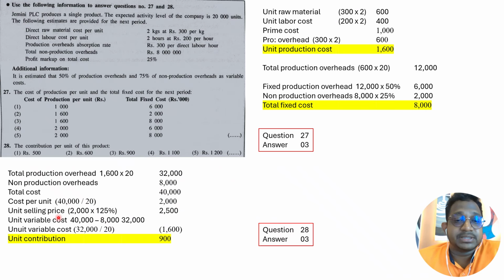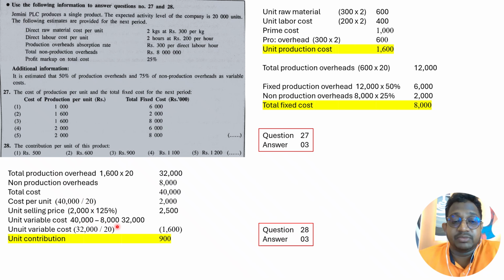And for the unit selling price, they are adding a 25% markup on cost. So to find out the sales price, you have to take 125% of the cost per unit. So the unit selling price is 2,500, and then for the unit variable cost, from that you have to minus the fixed cost.